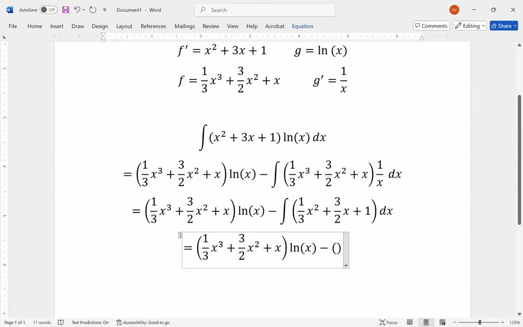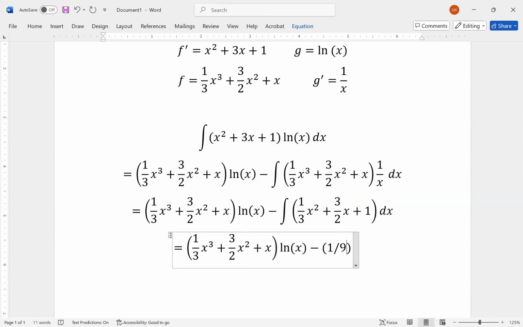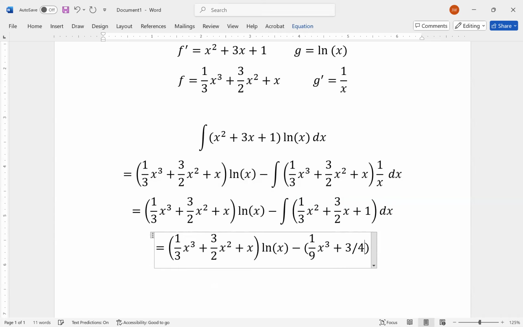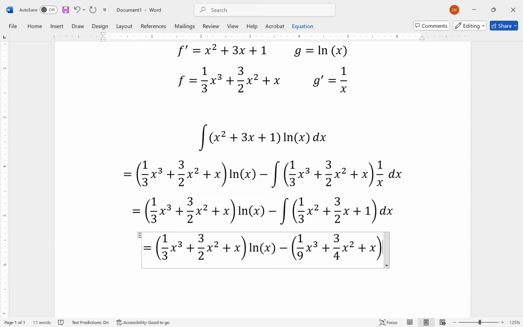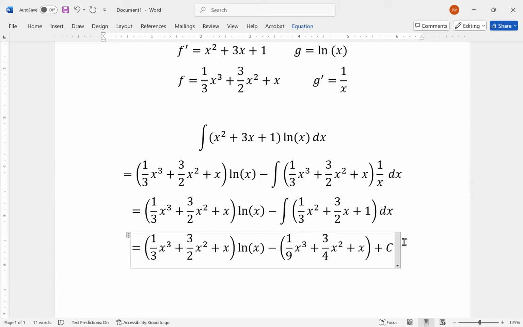We're going to get 1/9 x to the third plus 3/4 x squared plus 1x, and then plus c at the very end. I got to tack on that plus c.